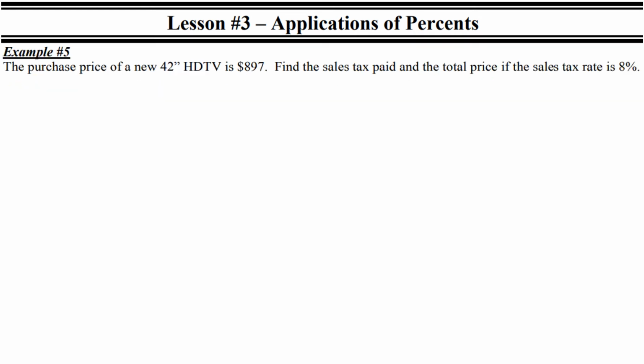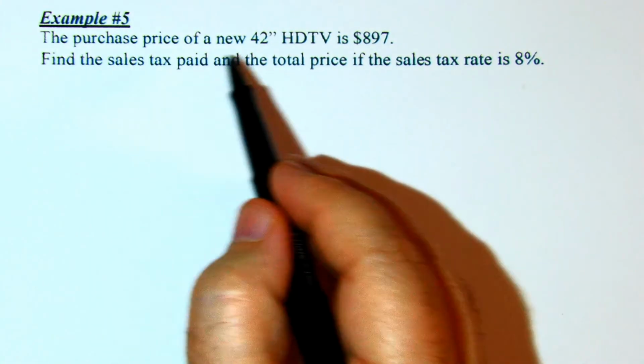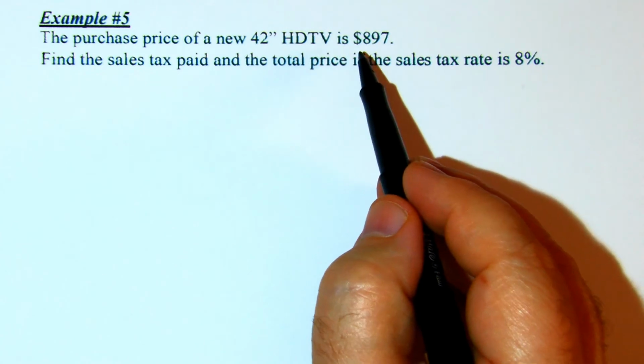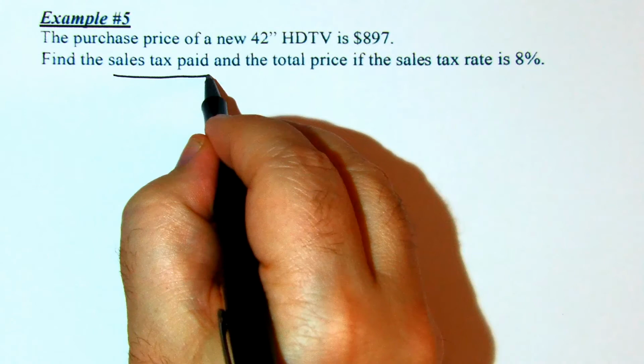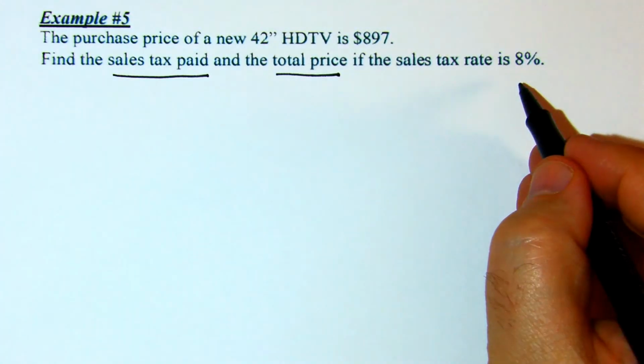Next example. Example 5. The purchase price of a new 42-inch HD TV is $897. Find the sales tax paid and the total price if the sales tax rate is 8%.